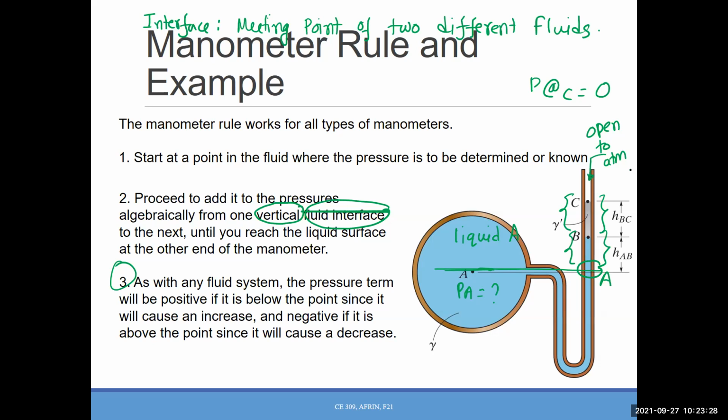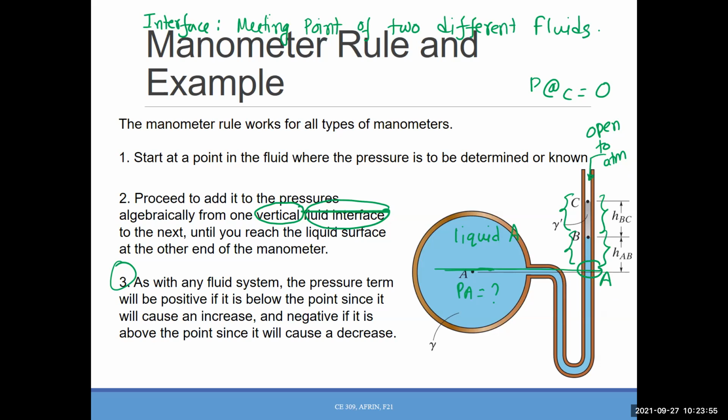So that means if I start from C and I want to calculate the pressure at A, I will just add the pressure of these two layers. If I go downward, I will add pressure. If I go upward, what should I do? The opposite of adding, which is subtracting. Yes, so that's what point 3 is saying.